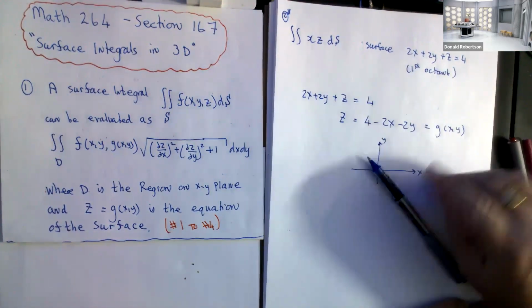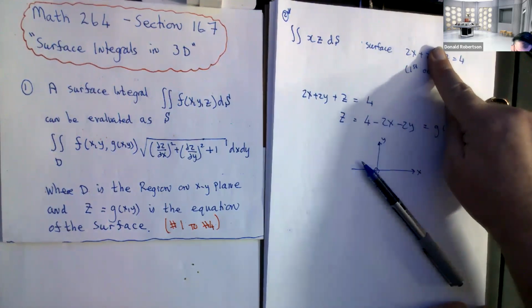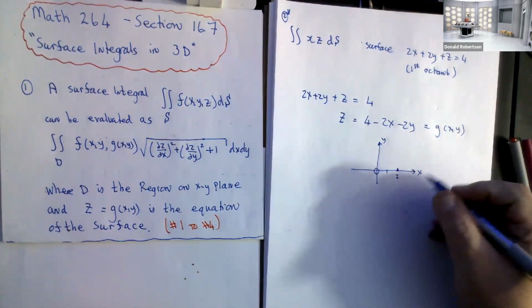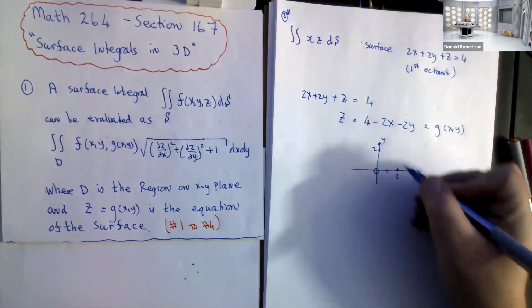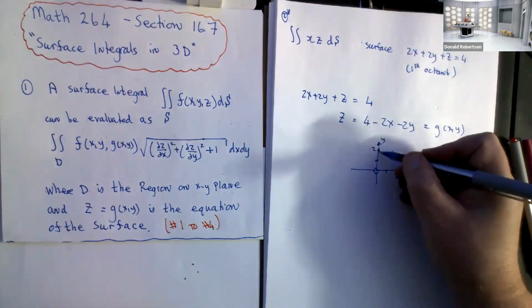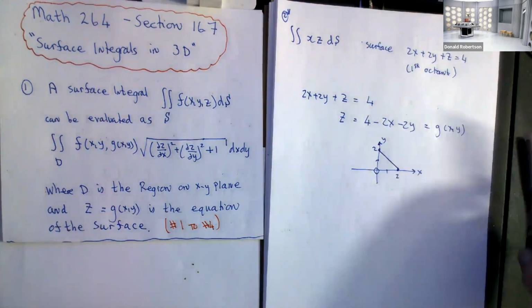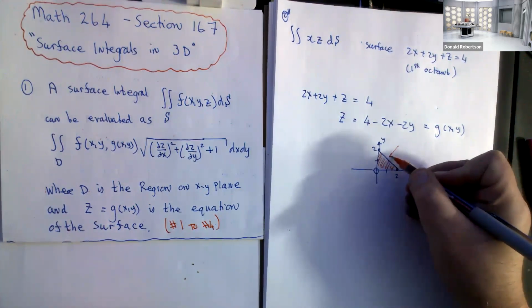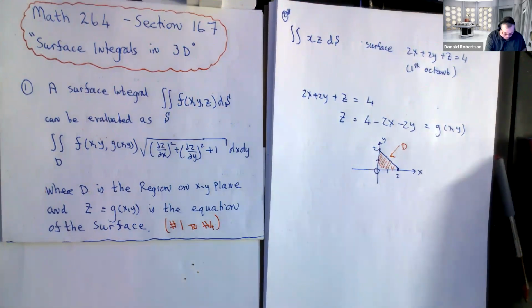Now, if you go up here, you can find out where this surface cuts the x-axis, and that's when everything else is 0, so x equals 2, which takes you to here. And by the way, y is equal to 2 takes you to here. And so the region D is going to be that triangle.